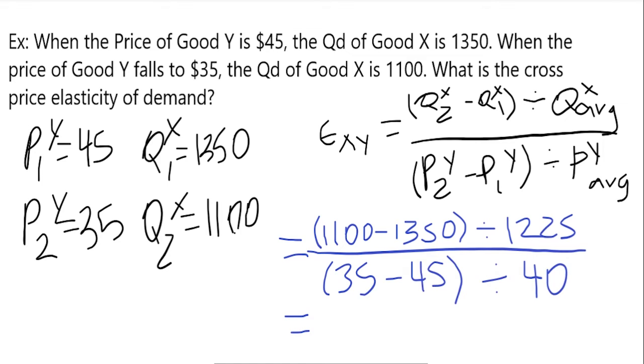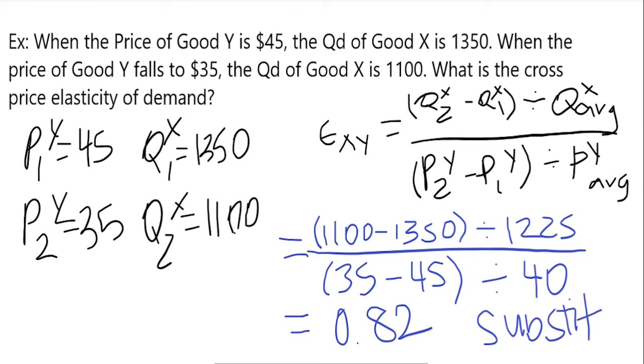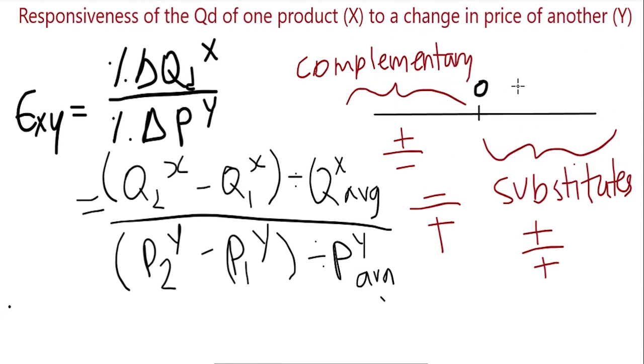Now take a moment to calculate that, and you'll see that you get 0.82, which means that you have goods that are substitutes for each other, right? Because it is greater than 0. And I forgot to mention here that it could also be negative and negative, which it is in this case.